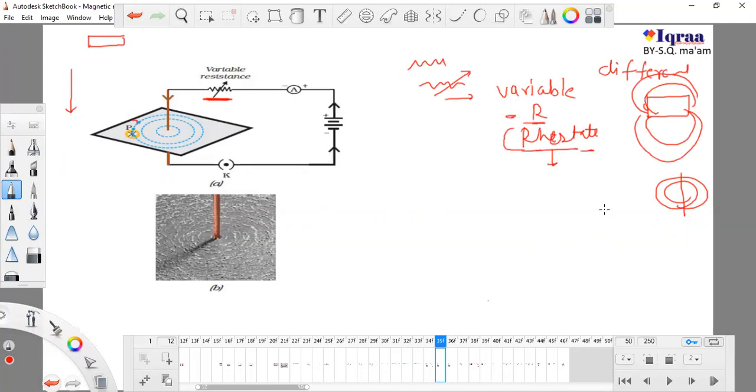Do you have any idea about the fan and the regulator we use? Sometimes we want to increase the speed of our fan, and by using a regulator, which is a rheostat, we can increase or decrease the speed of our fan.